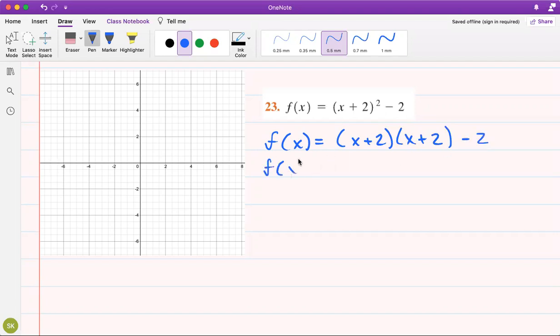So f of x is equal to x squared plus 4x plus 4 minus 2. That's just foiling this out. And when we simplify it, we have x squared plus 4x plus 2, sorry.